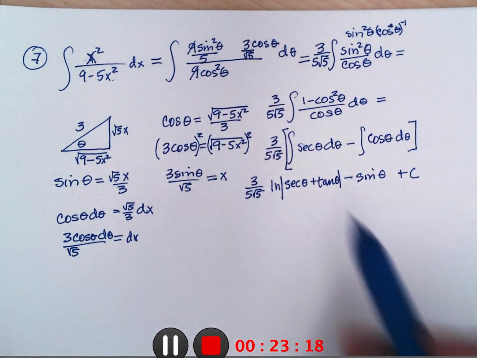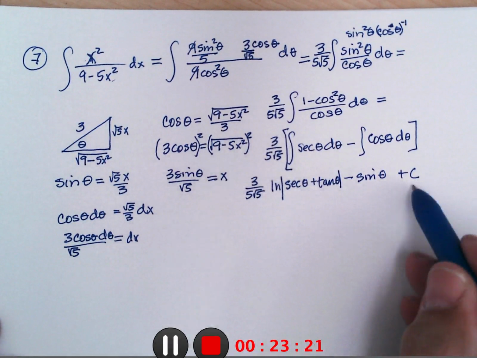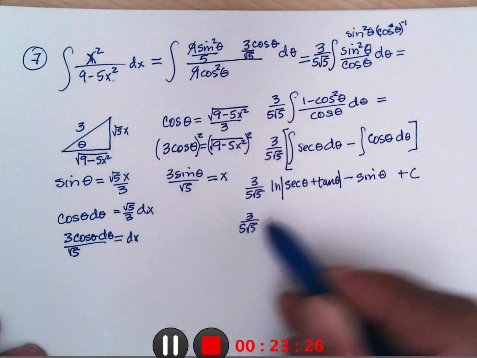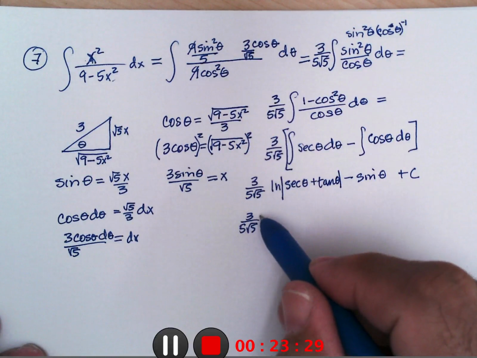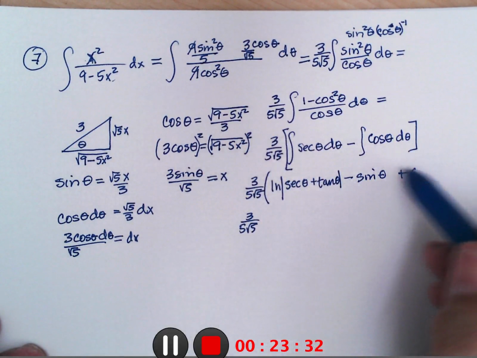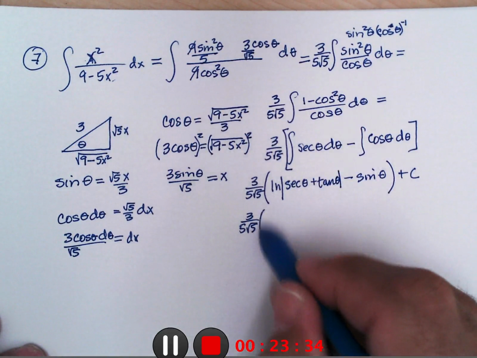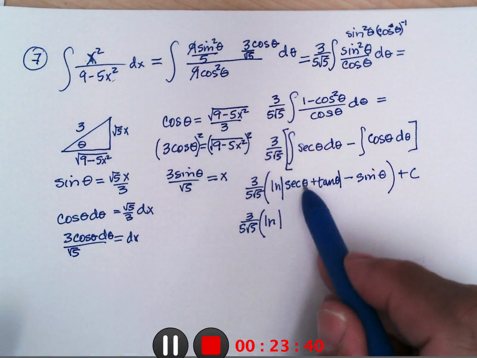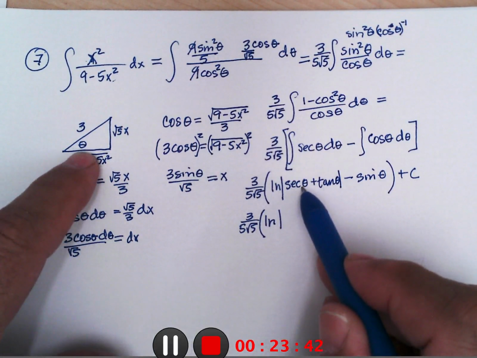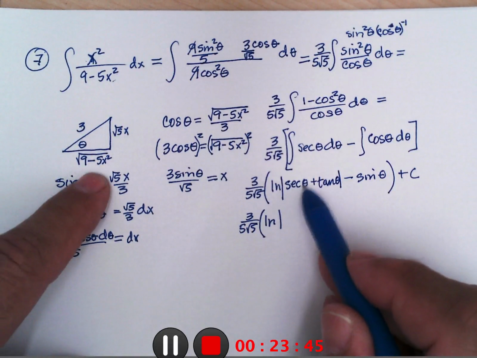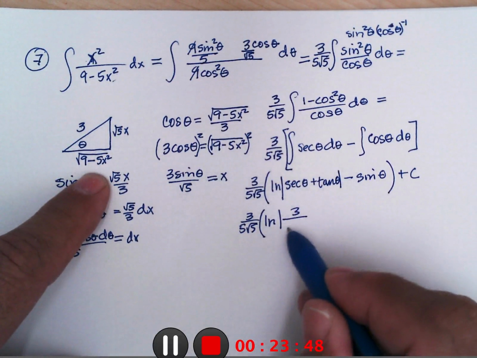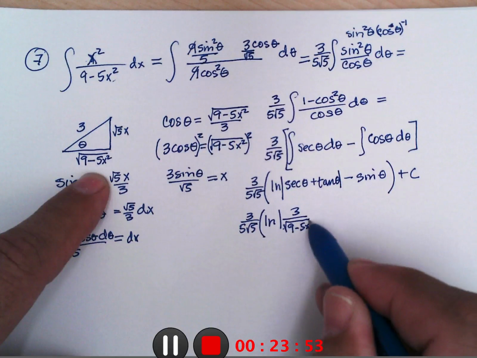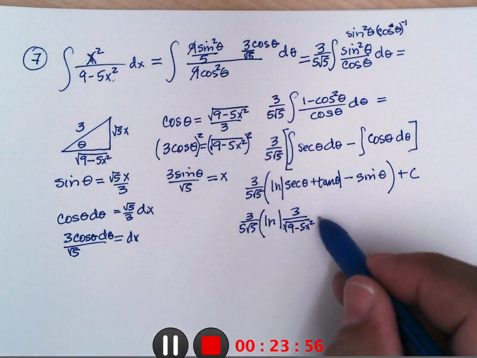So this becomes, now we've got to get the thetas out of there. We have 3 over 5 square root 5, times all of this, so times ln. And now to change back, we look at our triangle. There's theta. Secant would be 3 over square root of 9 minus 5x squared plus tangent, which is that over that.